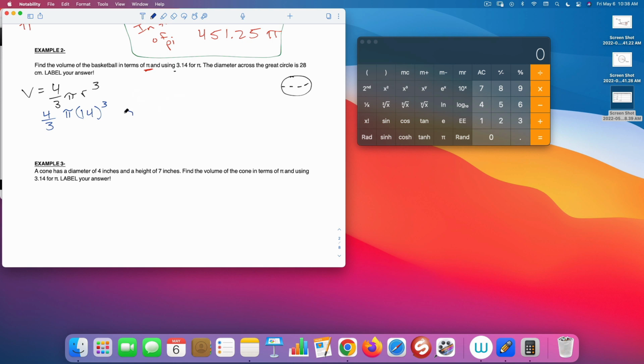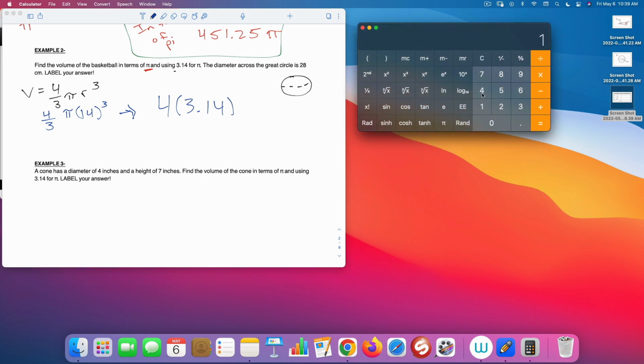Let's set this up, and I'm gonna multiply it a little more accurately. 3.14. Instead of doing 14 to the third inside the problem, I'm going to, on my calculator, get that number and put it here. 2744. Divide that by 3.